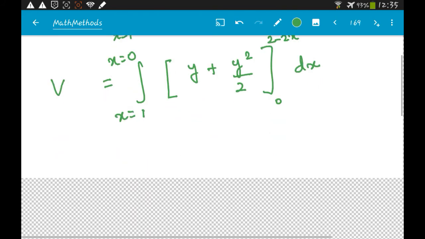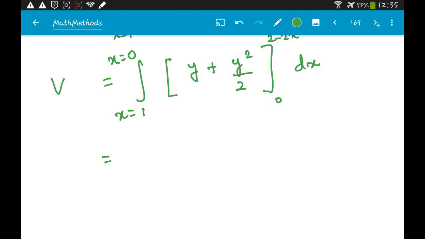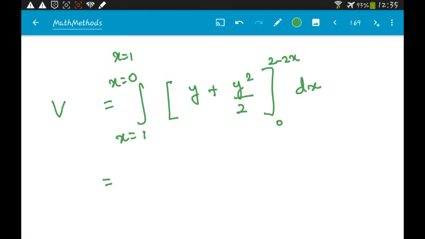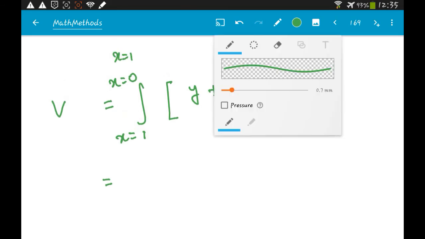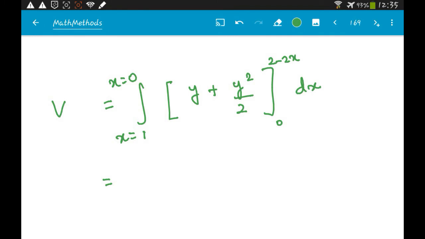So v is given by this. So you will get, okay. So you can now compute this integral. So you get from 1 to 0, y is, so first you have to substitute for 2 minus 2x and 0.